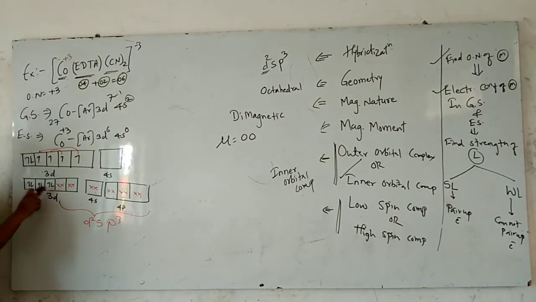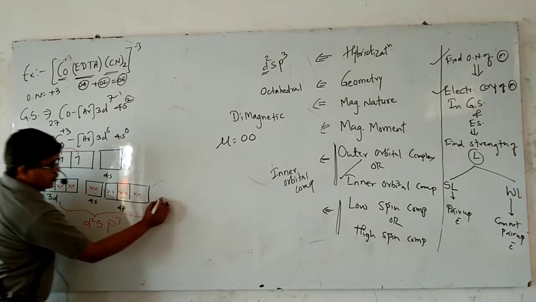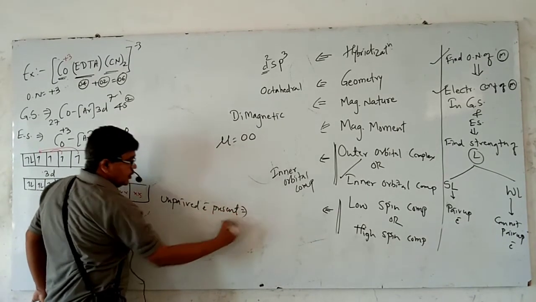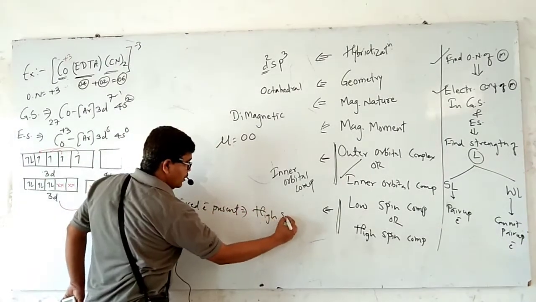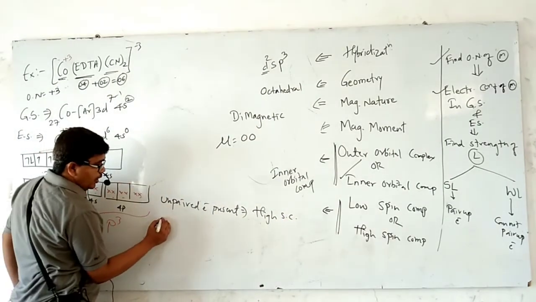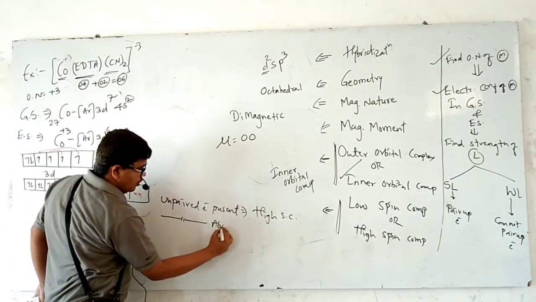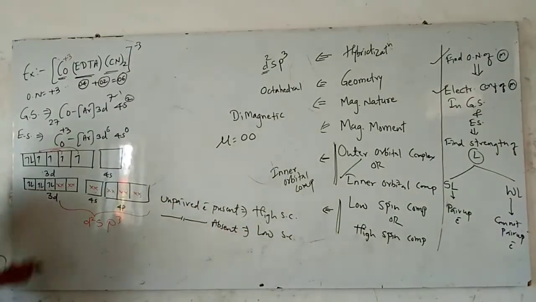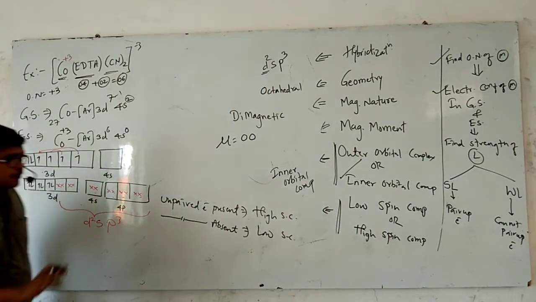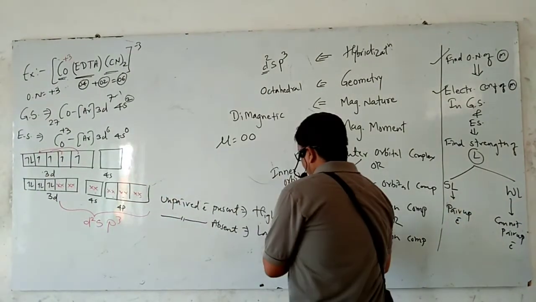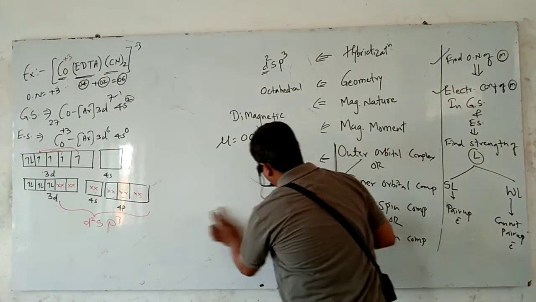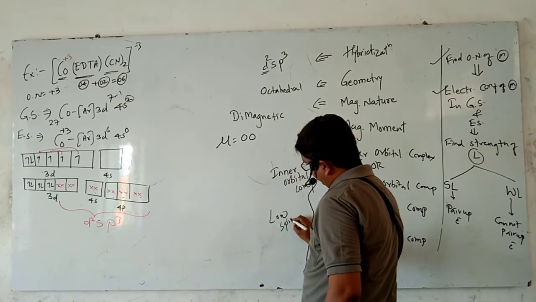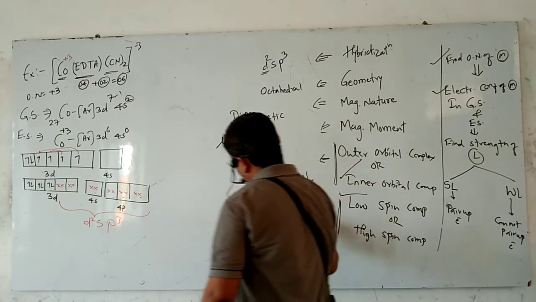If unpaired electrons are present, then it will be a high spin complex, and if unpaired electrons are absent, it will be a low spin complex. So here you can see unpaired electrons are not there. Because of the absence of unpaired electrons, it will be a low spin complex.